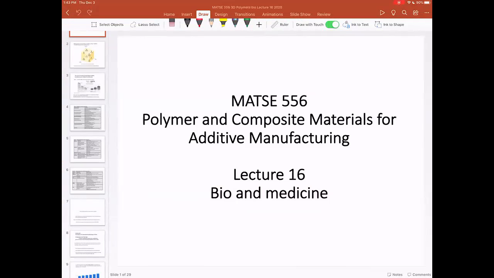I want to give you an overview of where all this polymer and composite additive manufacturing knowledge is going to be used in certain market sectors. Of course, there are lots of places where additive may be helpful: apparel, oil and gas, water treatment technologies, you name it. Some industry is looking at additive in terms of some aspect of their business.